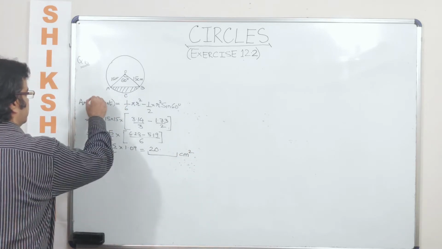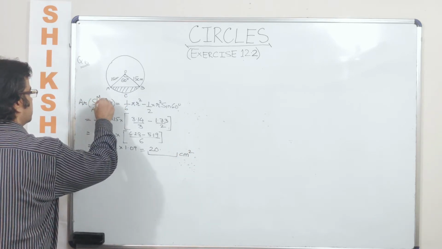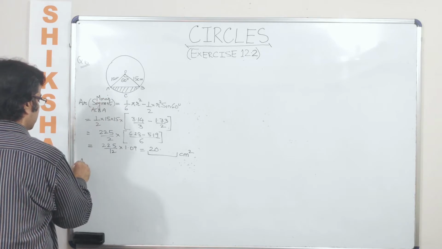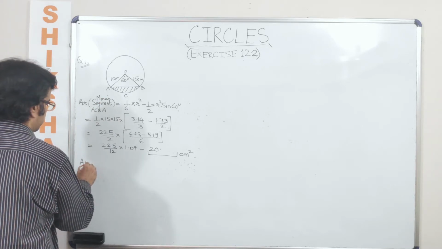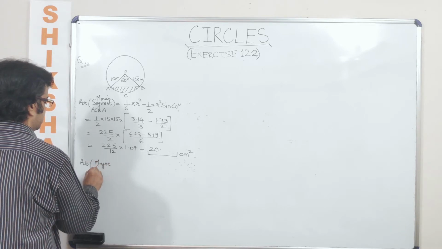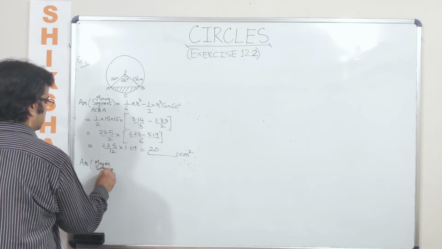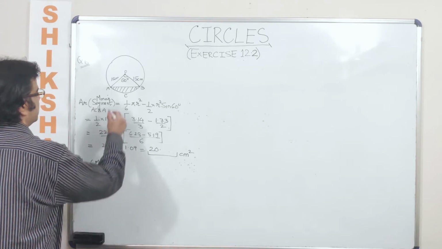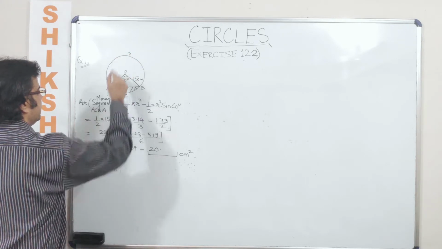Now we are talking about the minor segment here. So now the area of the major segment. Let me take a point like D here.